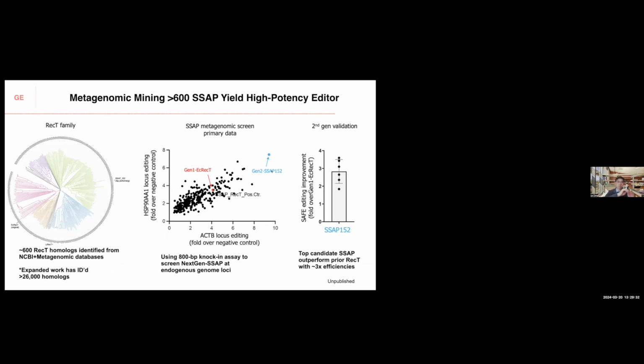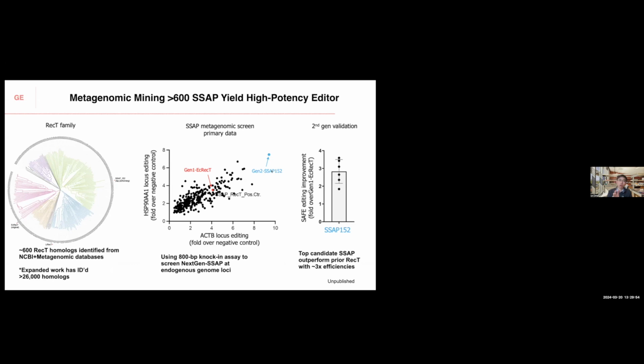We can reconstruct evolutionary phylogenies based on their evolutionary relationships, and then we took this natural diversity, picked about 600 of these, and ran a screen to understand if they can actually mediate gene insertion in human cells.